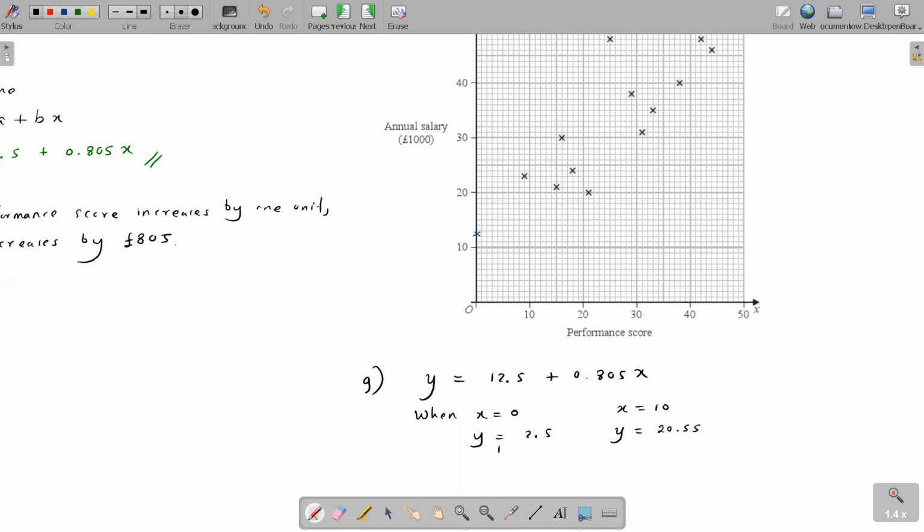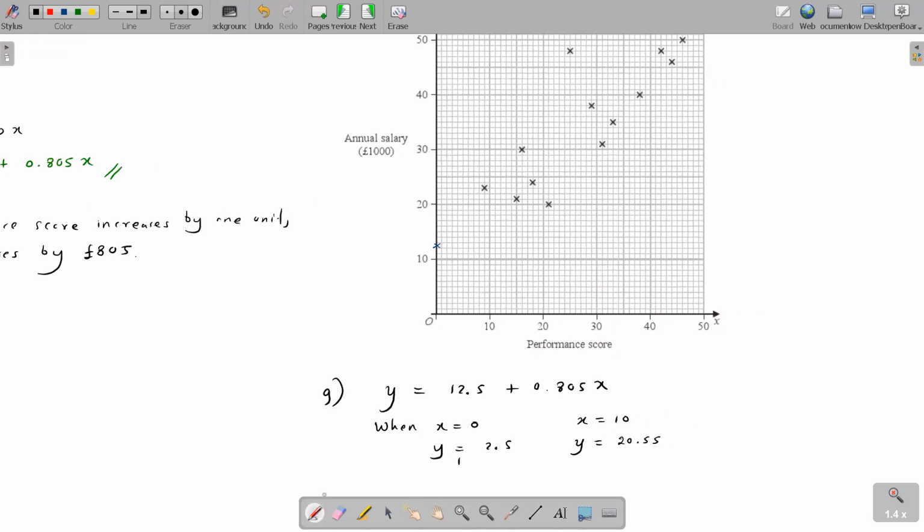Then let's get another one when x is 50, the last value, because to draw a straight line I don't need a lot of points. A straight line is definitely going to go through everyone anyway. 52.75.